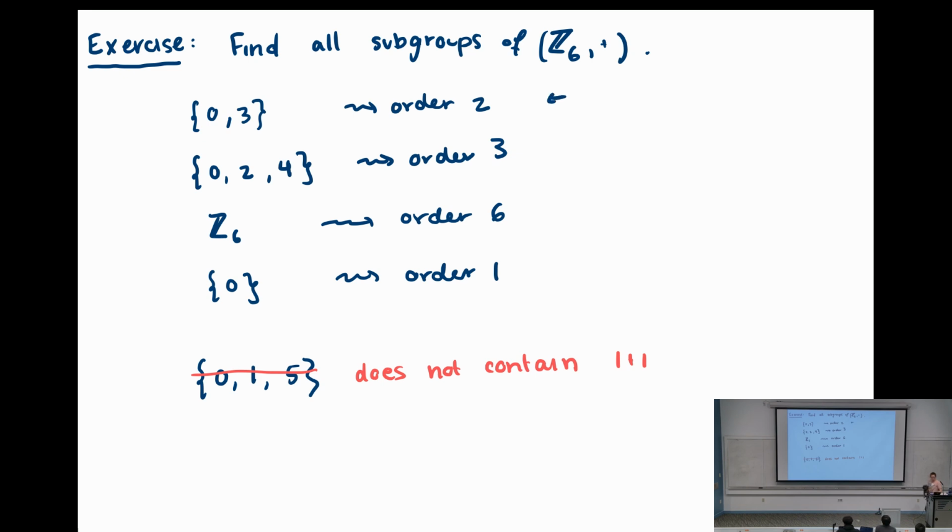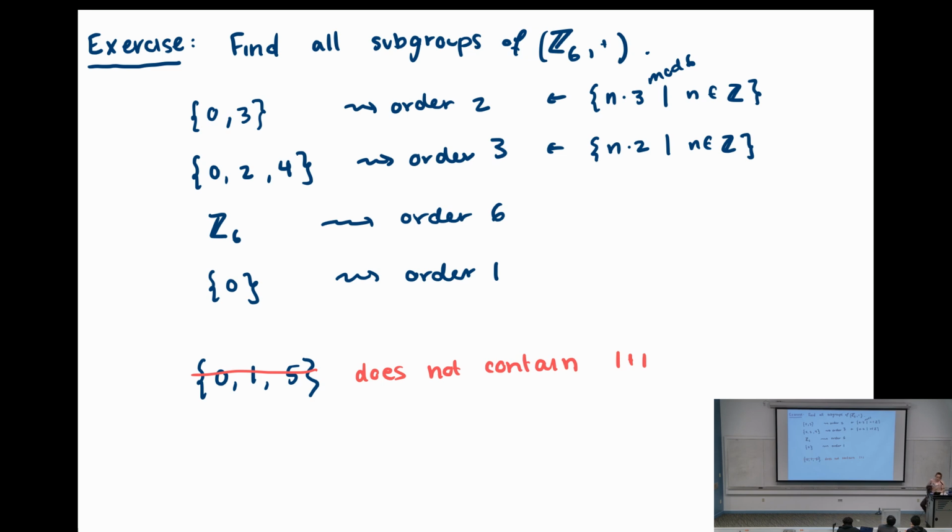This is the set of n times 3 for integers n, and then of course mod 6. And this one is all the multiples of 2. So if you have a subgroup, then all of the multiples of any element of that subgroup definitely need to be in there, right?